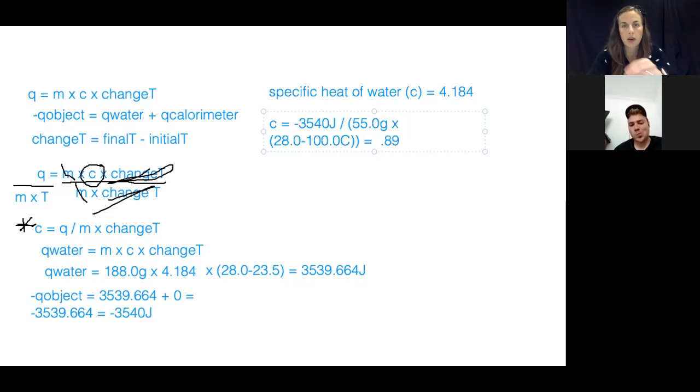Good. And we're going to just round that to 2 decimal places. So there you go, 0.89. That 3 is going to make the 9 stay the same. And then our unit is going to be joules divided by grams times degrees Celsius. So J divided by grams times degrees Celsius. That's our unit for specific heat here.